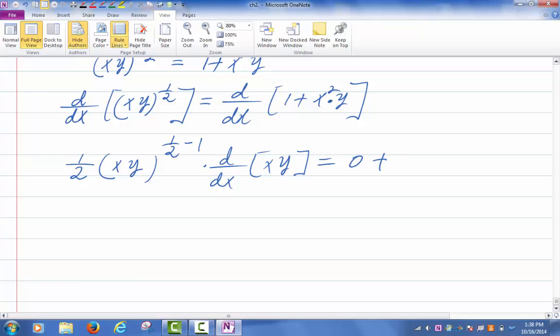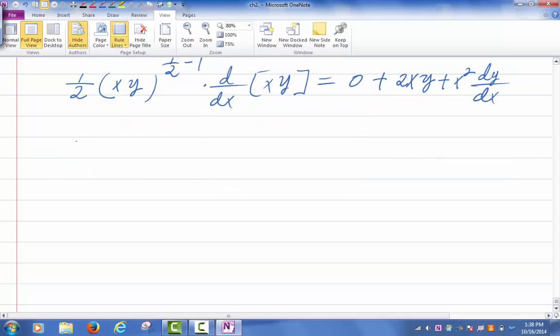So what's the derivative of x squared y? Derivative of the first factor is 2x multiplied by the second factor as it is, plus the first factor as it is multiplied by the derivative of the second factor, which is just dy/dx. And now I have half (xy) to the negative half, and here the derivative is what?